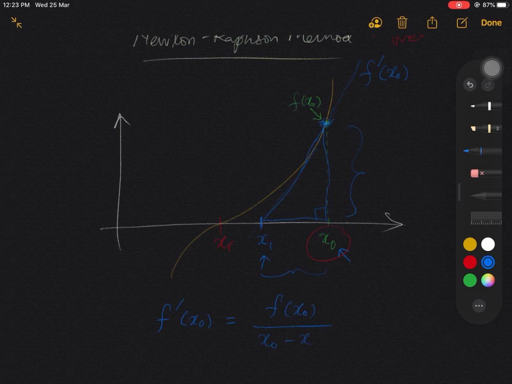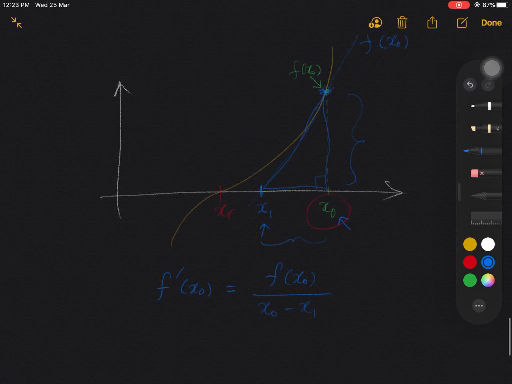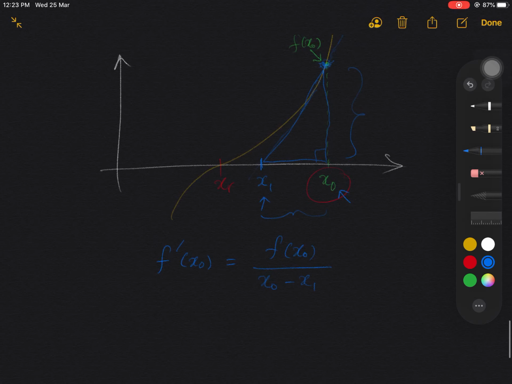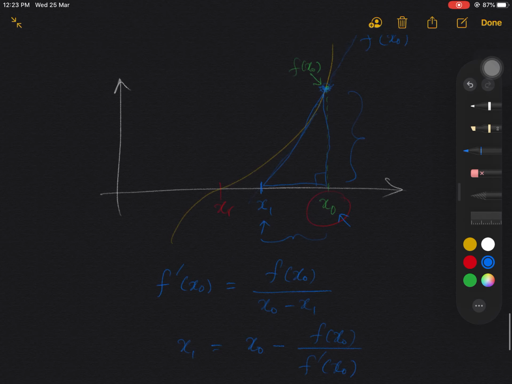So x0 minus x1. So if we rearrange this equation such that I put x1 on the left-hand side of the equation, I have x1 equals x0 minus f x0 divided by f prime x0. And then I repeat the process.